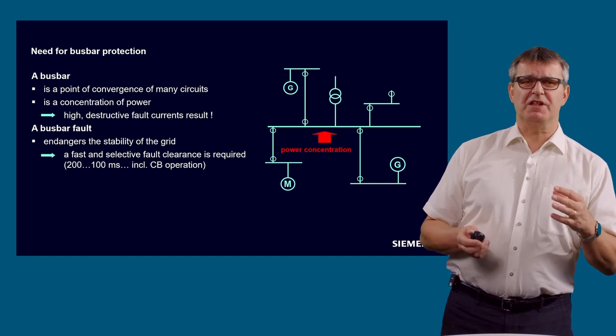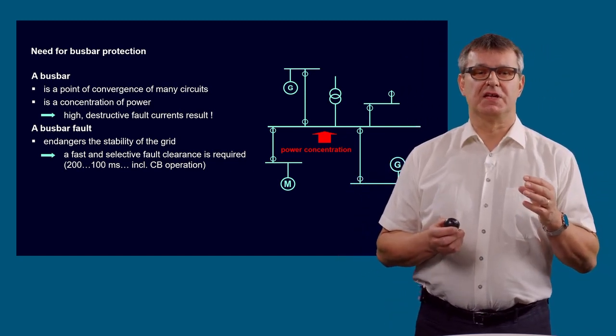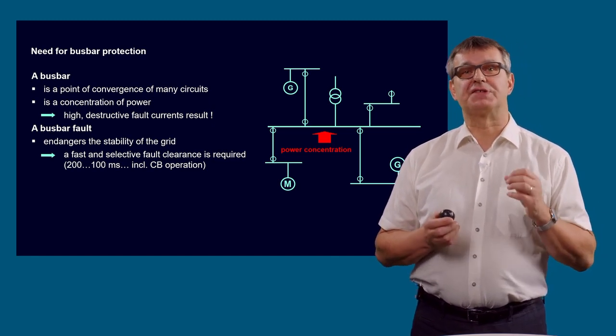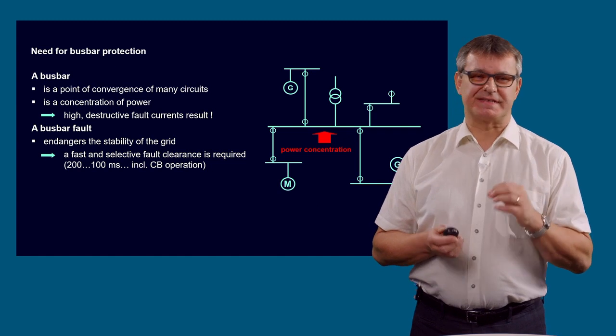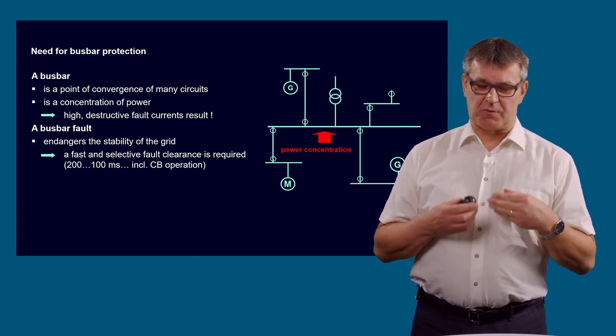So the general requirement to clear a busbar fault is 200 to 100 milliseconds, including the circuit breaker operation. This sounds quite high, and that's a general requirement from the government.